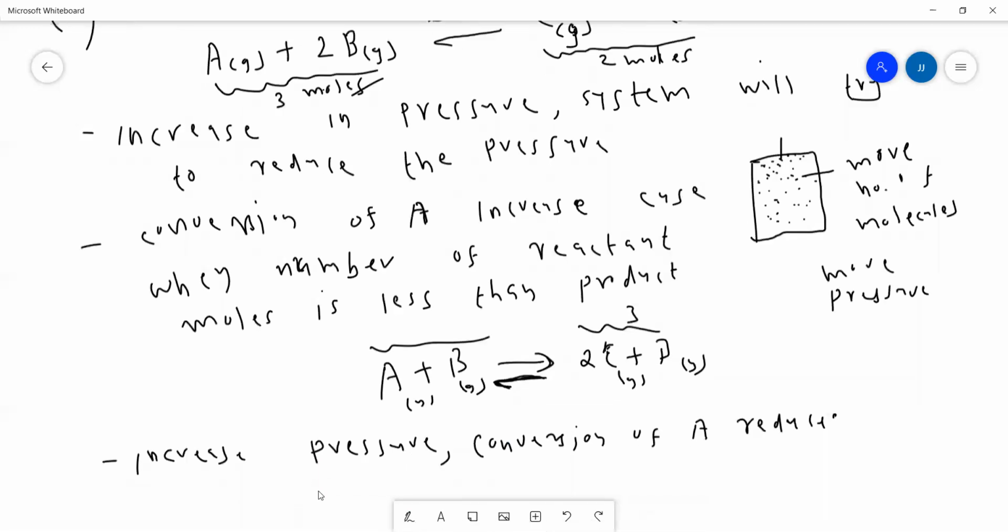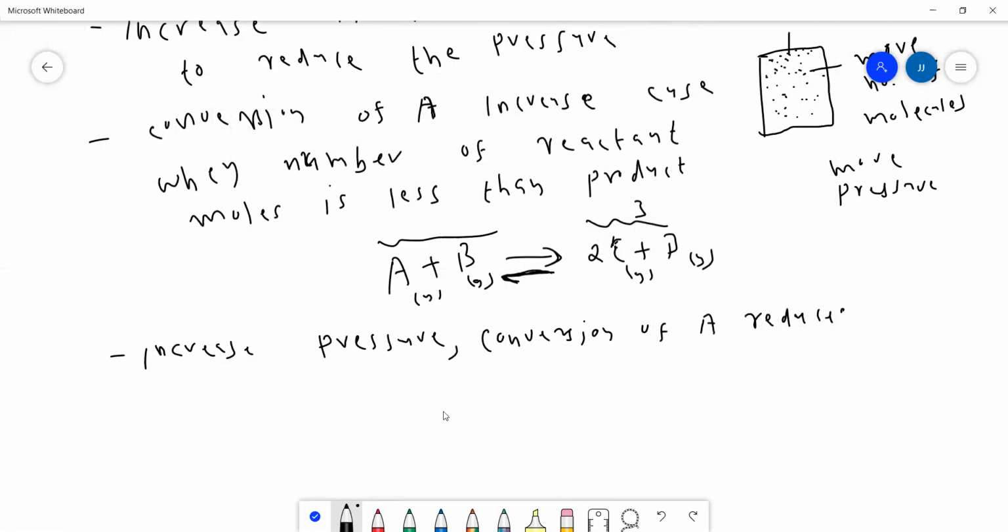All right. But suppose we have A plus B giving C plus D. Here the number of moles of reactants is the same as the number of moles of product, 2 and 2.